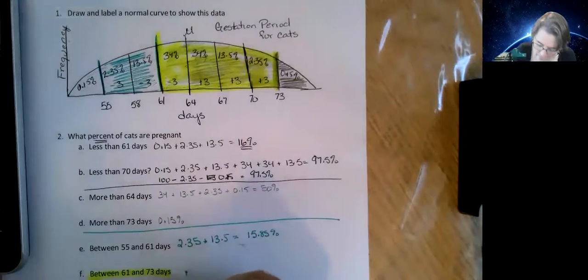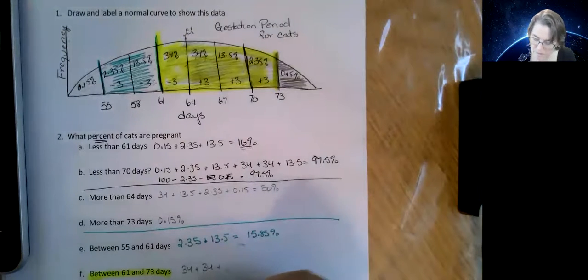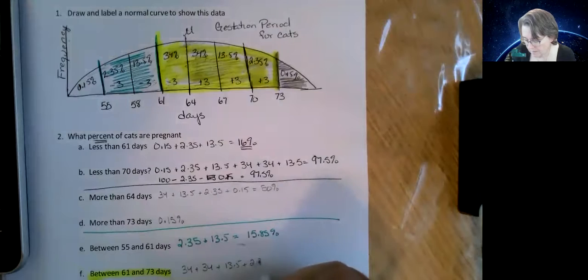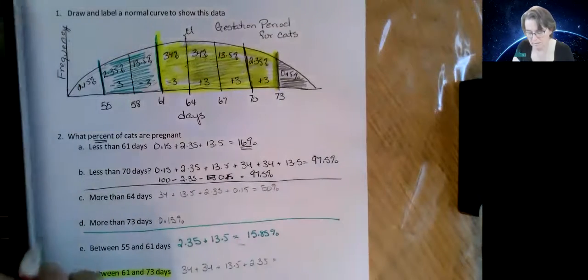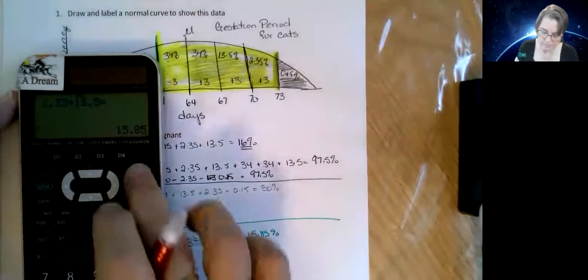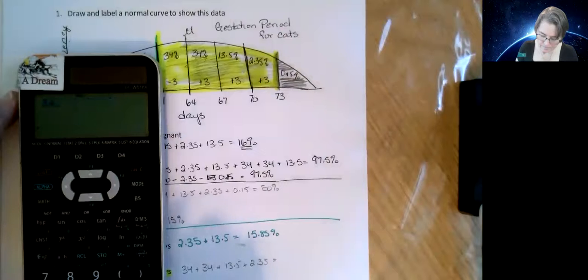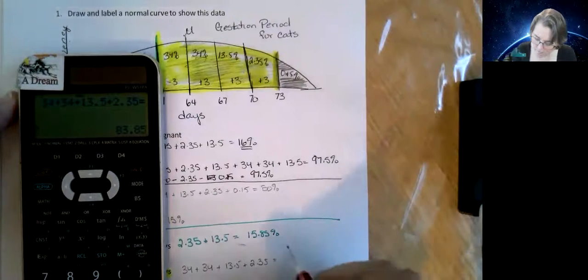Then I need to add up 34 plus 34 plus 13.5 plus 2.35. And that's going to be 83.85.